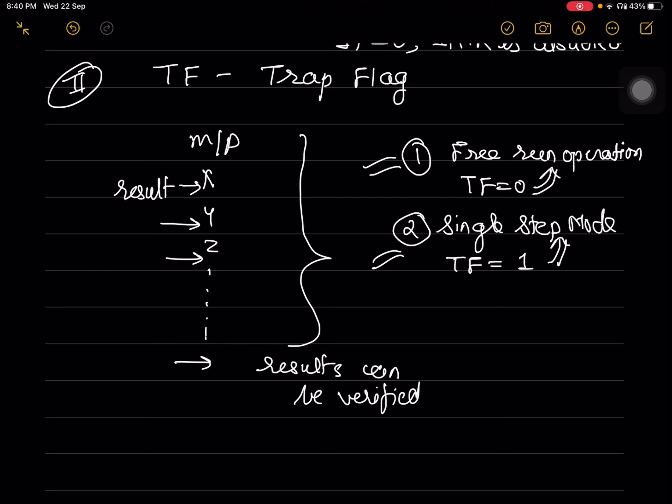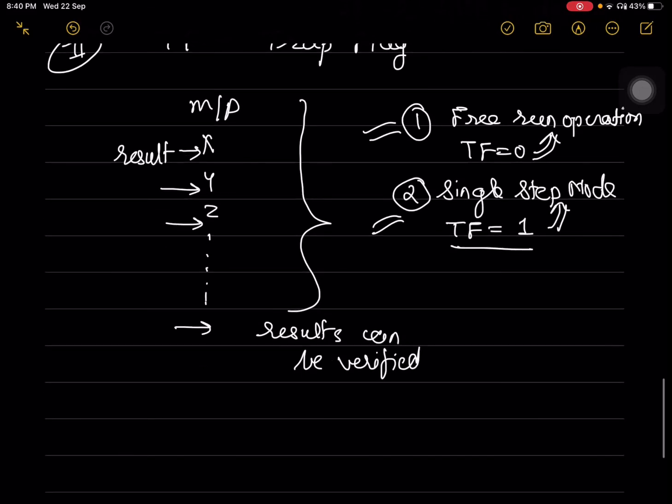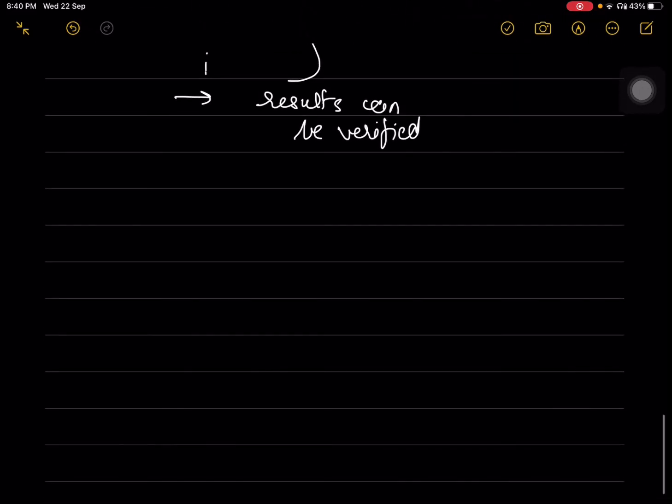Normally by default the trap flag value is 0, so the entire program when we execute will be executed at once, and after execution of the whole program, the results can be verified. On the other hand, if we make the trap flag value equal to 1, single step mode is enabled and individual instructions can be executed and their results verified. This way the trap flag controls the execution pattern of the processor.